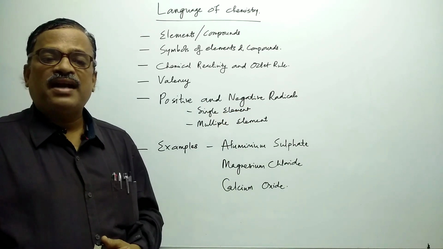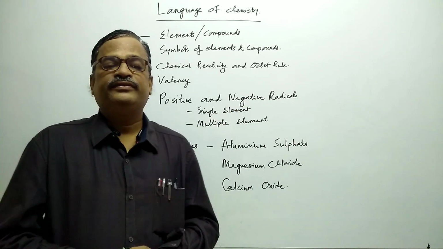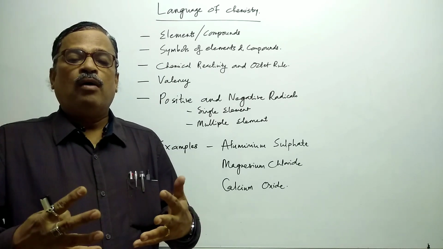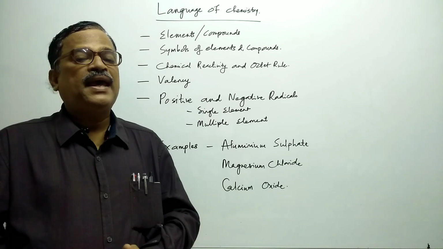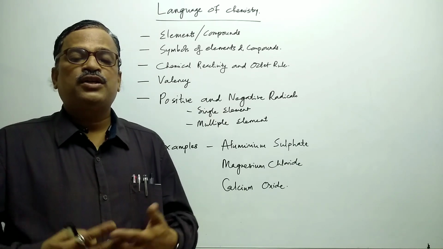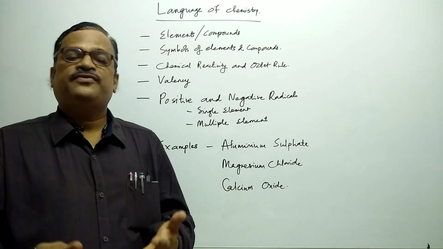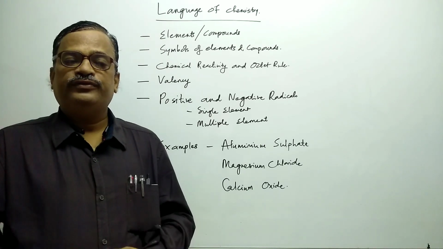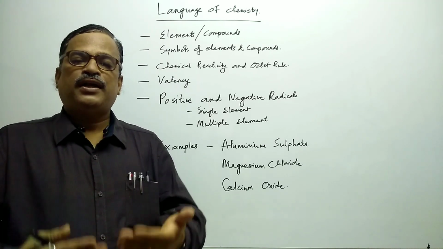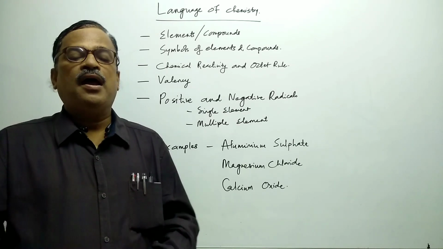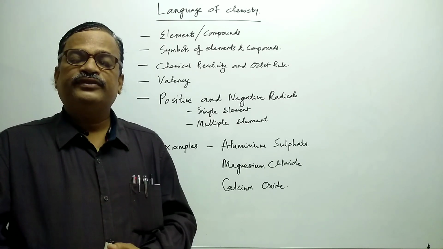So we have a positive radical and a negative radical. A positive radical may have plus 1, plus 2, plus 3, plus 4 charge, up to 4. And a negative radical similarly may have minus 1, minus 2, minus 3, and minus 4 charge.